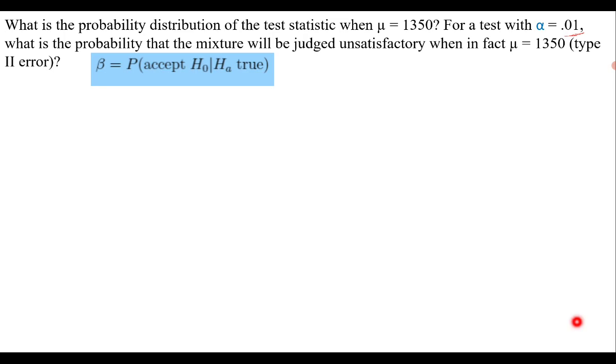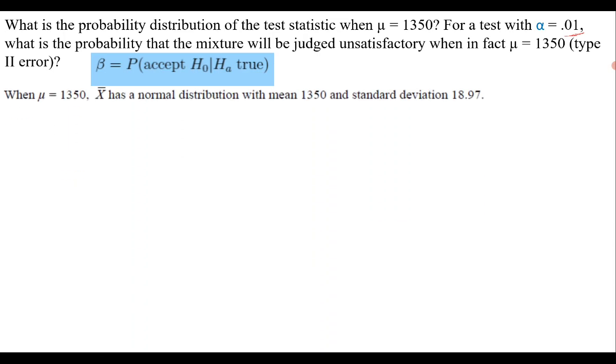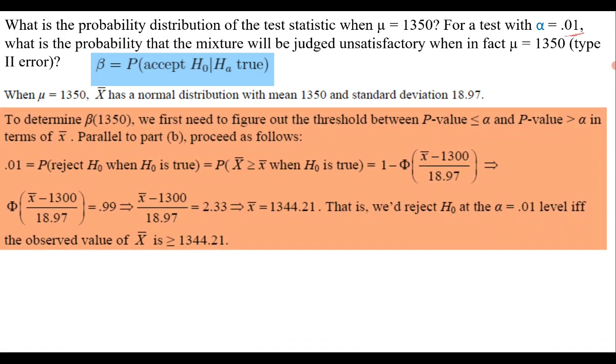Now for alpha equal to 0.01, we have already seen how we compute the probability of rejection or p value. The same procedure needs to be followed, and we need to see for what values H naught gets rejected, which gives us the idea of what values H naught would be accepted. So as we did in the previous case, alpha is defined as rejecting H naught when H naught is true.